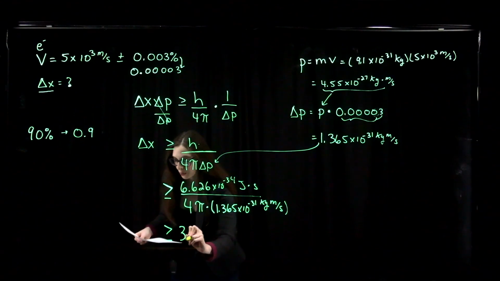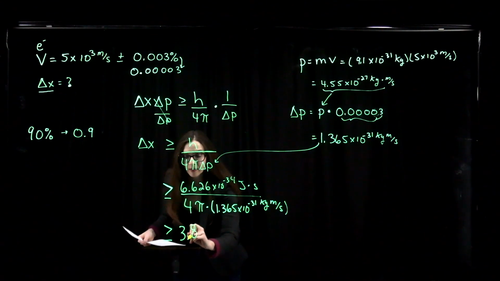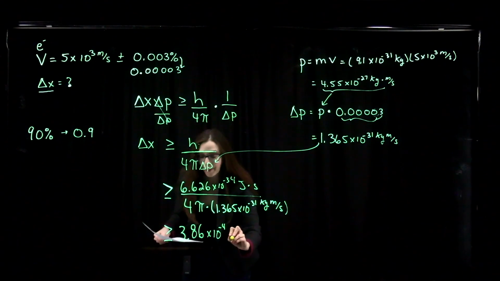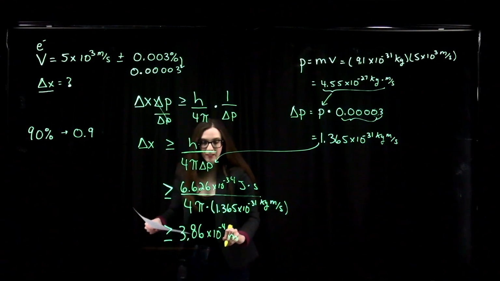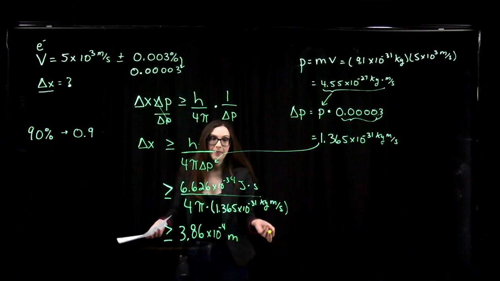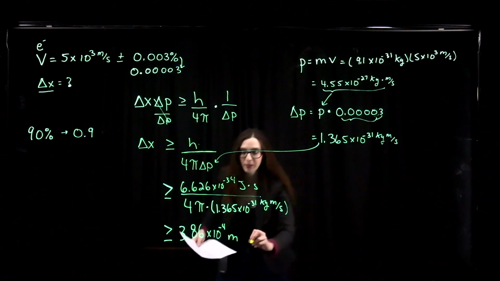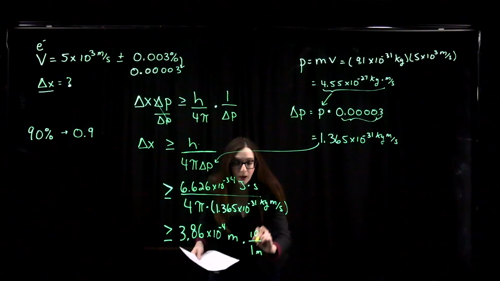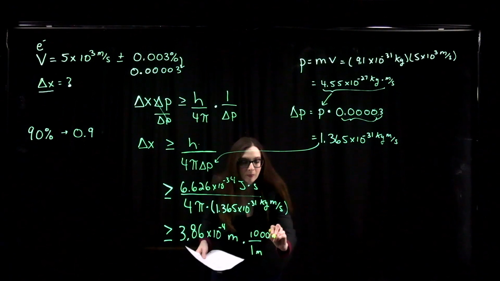This is 3.86 times 10 to the minus 4 meters. If we wanted to put that, let's say, in millimeters, I can multiply this by a conversion factor: 1 meter has 1,000 millimeters.